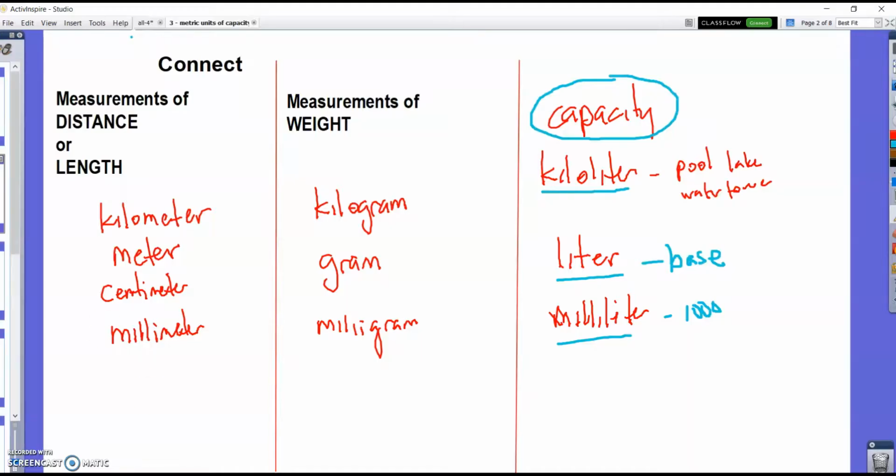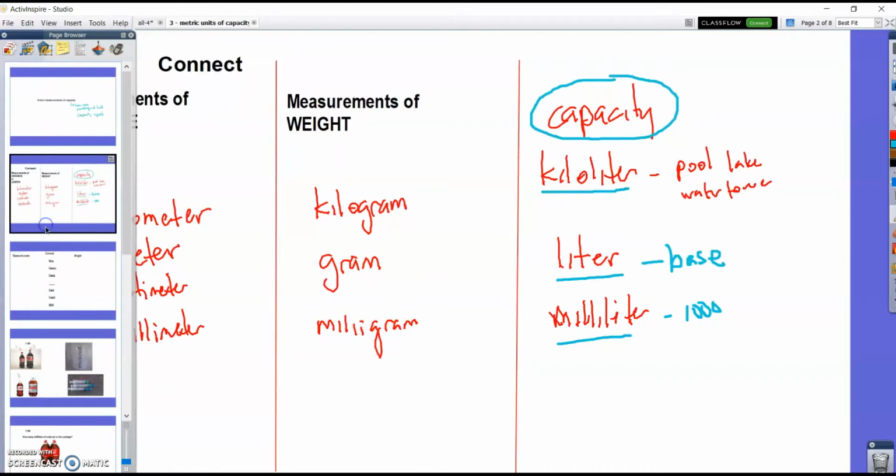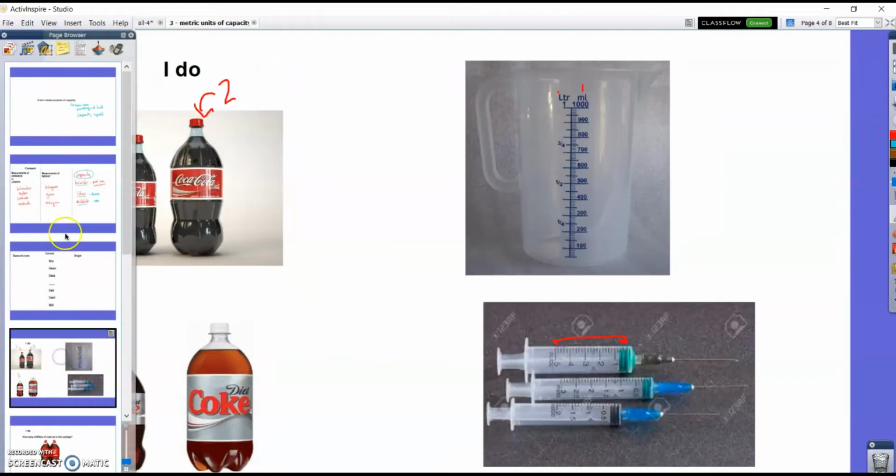And obviously a kiloliter, if you're getting used to the metric system, would be 1,000 liters. That's a lot, and so that's only to measure lots and lots of water. You typically probably see these kinds of things.